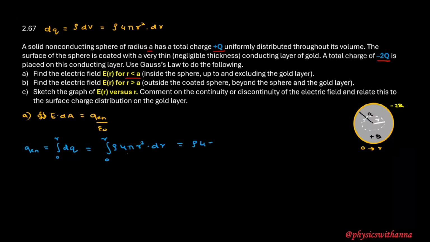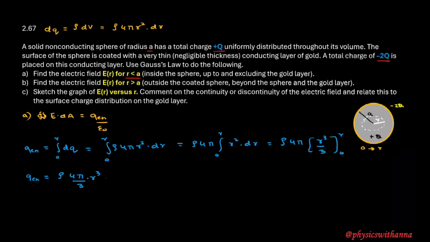Rho 4 pi integral 0 to r of r squared into dr. Integral of r squared will be r cubed by 3. So you get this as rho 4 pi r cubed by 3 going from 0 to r. Substitute the limits and you will get charge enclosed to be equal to rho 4 pi by 3 r cubed.